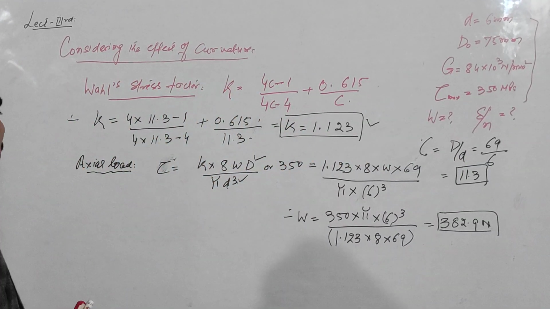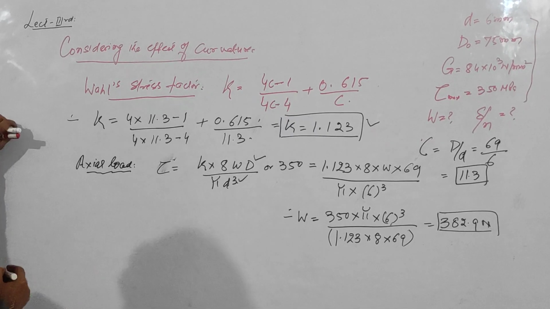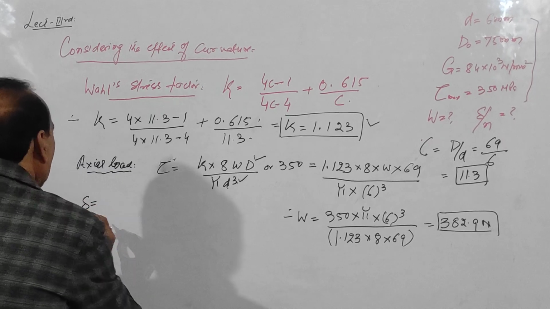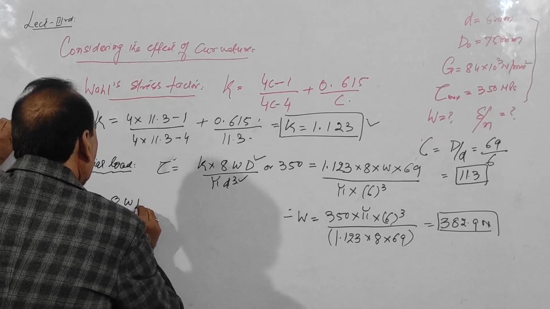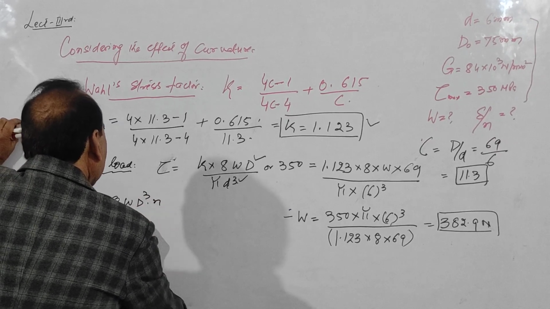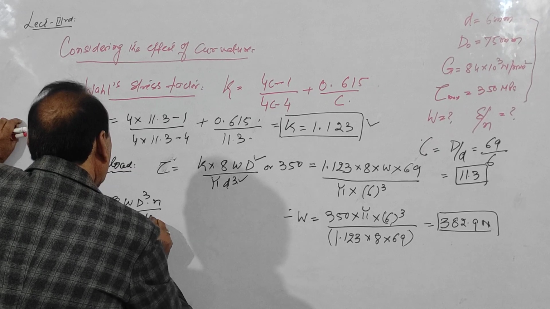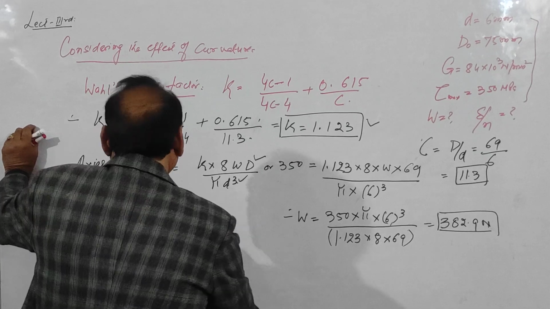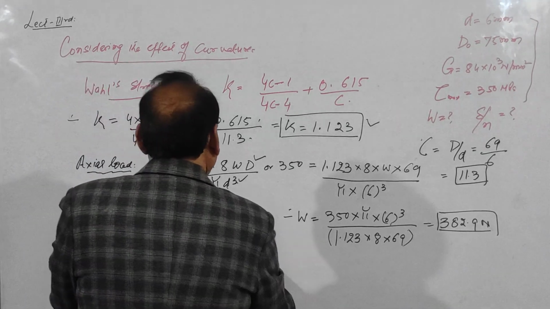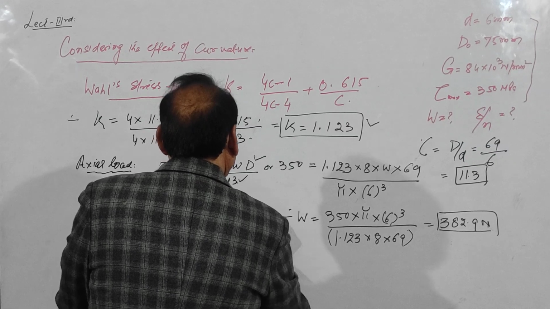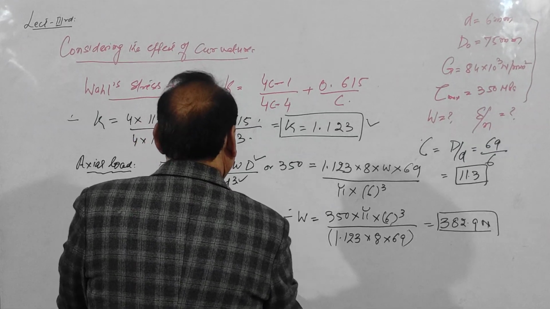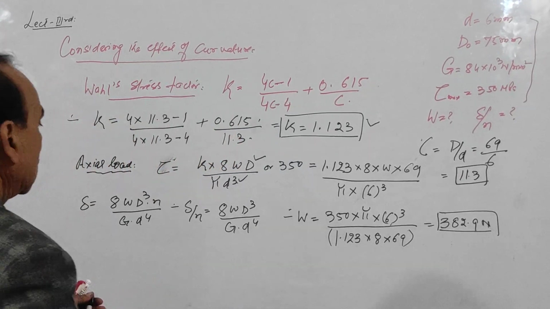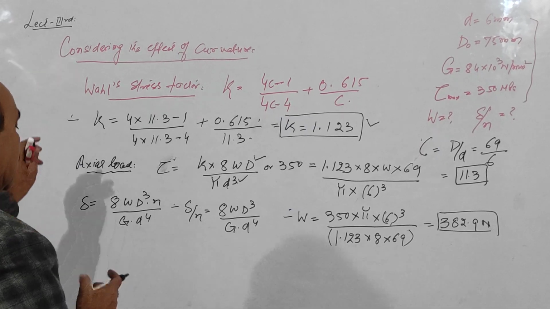Now the next one you have to calculate is delta by n, right? So delta is equal to 8W dq into n divided by G d 4, right? Therefore delta divided by n is equal to 8W dq divided by G into d 4. So substitute the values again.